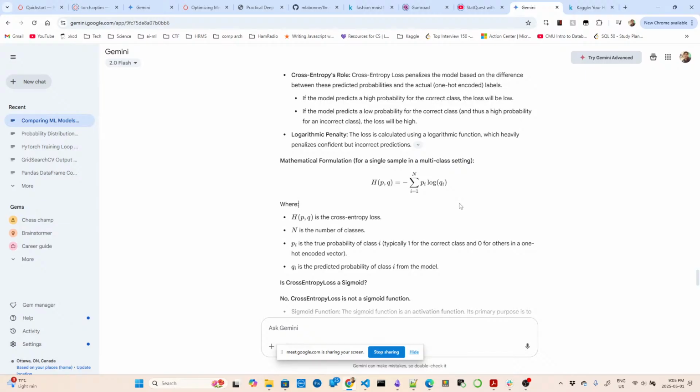So it will penalize, like it's saying, if the model predicts a high probability for the correct class, the loss will be low. If the model predicts a low probability for the correct class and thus a high probability of incorrect class, the loss will be high. So that's the core of this loss function.